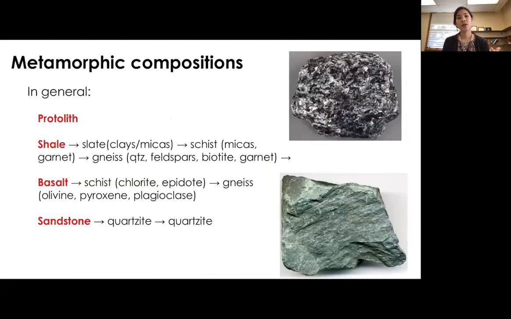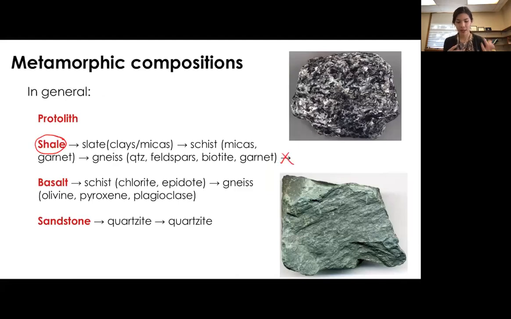So in general, we'll say that we're trying to get protoliths out of the metamorphic rocks. There's kind of an expected sequence. For example, if we start with a shale protolith, we're going to form a slate that contains a lot of clays and micas. That may metamorphose further into a schist with micas and garnets, and then into a gneiss with quartz, feldspars, biotites, and garnets.